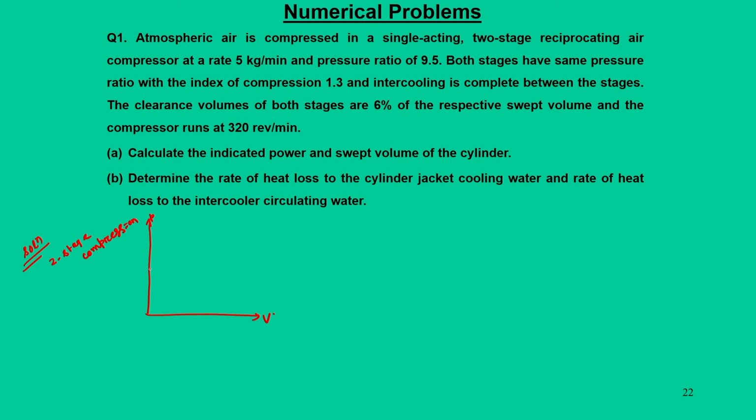This diagram has basically three parts: pressure P 1 at which gas enters, pressure P 2 at which gas is delivered, and an intermediate pressure P I. Through the clearance volume you can draw the first stage compression.